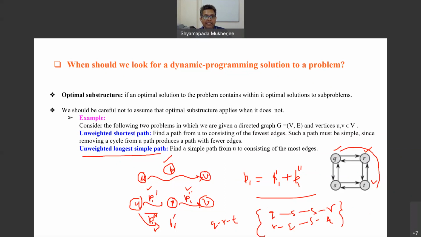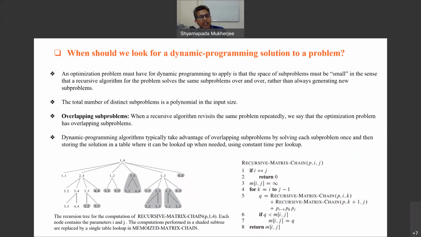So without having the proper idea of the optimal substructure property for all the problems, we cannot apply this always. We need to know where we can apply this dynamic programming approach, and we have to find out whether the optimal substructure condition is satisfied by the problem. Then we can apply.